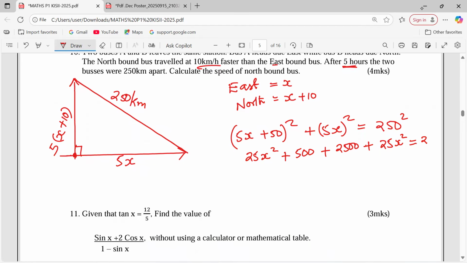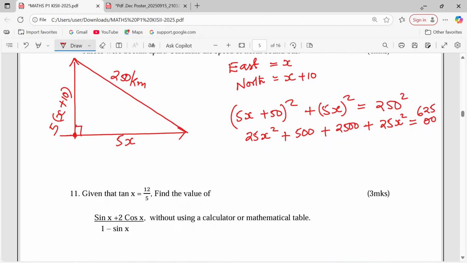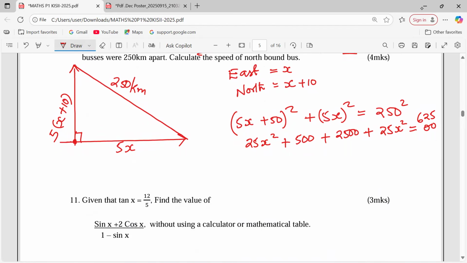When we square 250, ladies and gentlemen, I'm getting 625,000. So now we can arrange the equation, grouping terms together, so that you may see how to get the value of x.